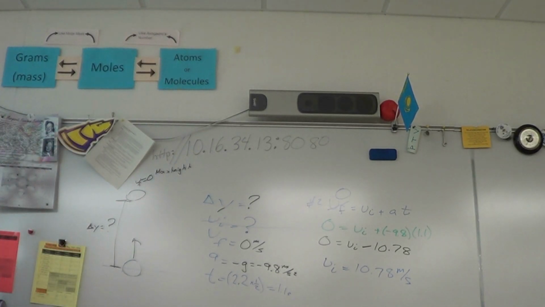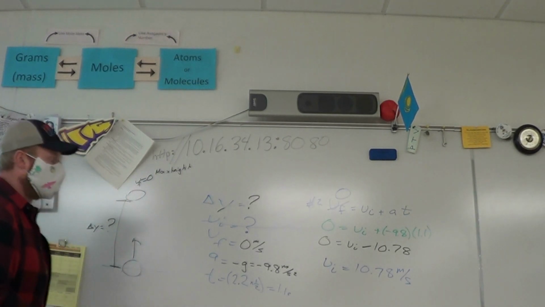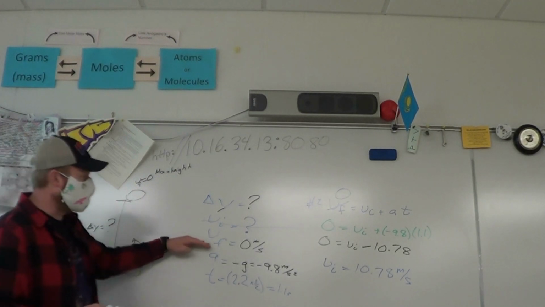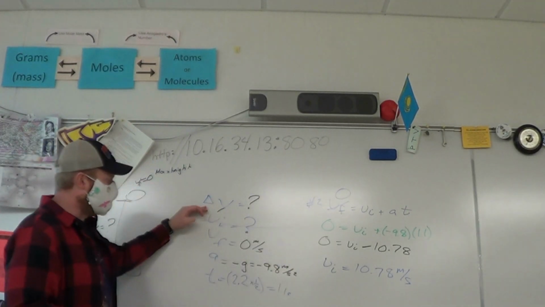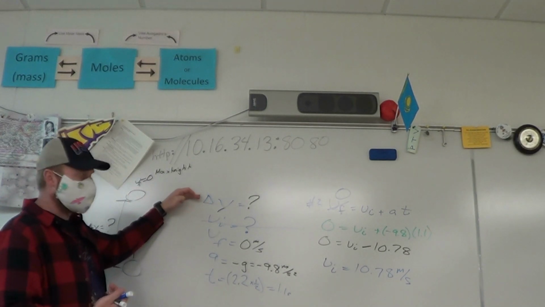Now that we know the velocity that it leaves the bat, I can choose an equation that has a delta y. So we have some choices. We could use equation number 3, because now we know VI, we know A, we know T. We could use equation number 4, VF squared is equal to VI squared plus 2 times A times delta y, and we can solve for delta y.